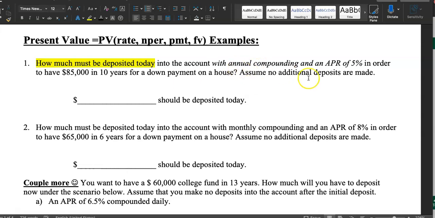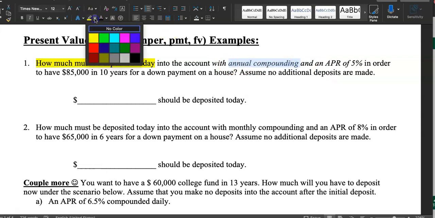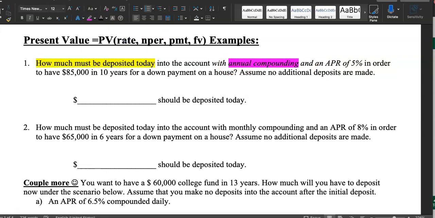Into an account with annual compounding with an APR of 5%, in order to have $85,000 in how many years? 10 years, for a down payment on a house.